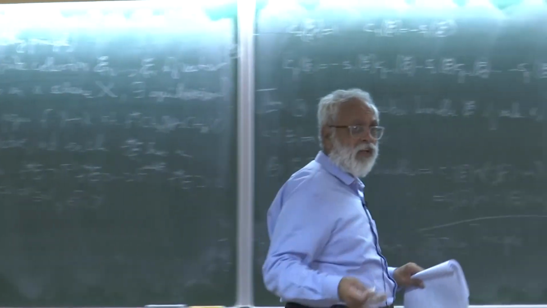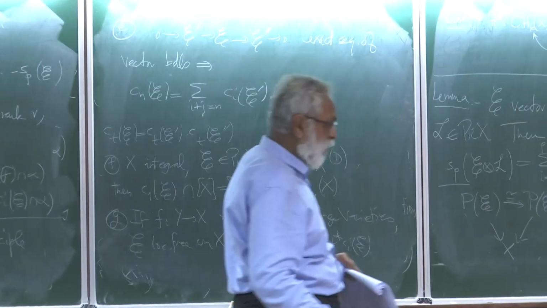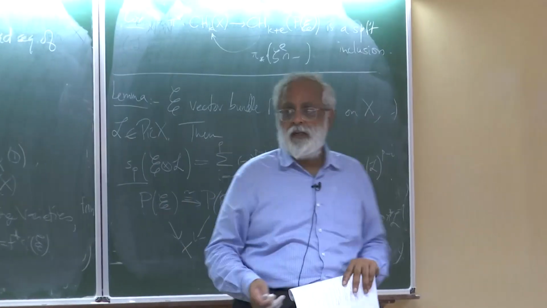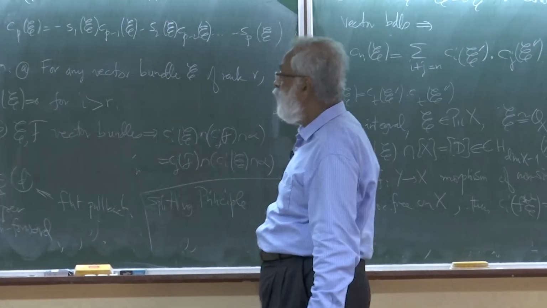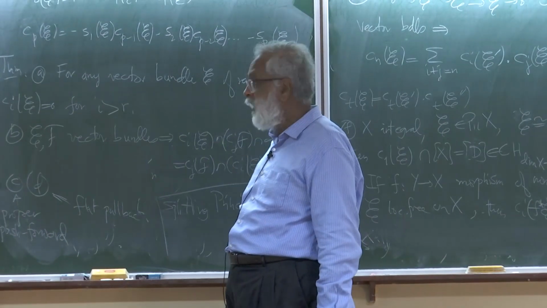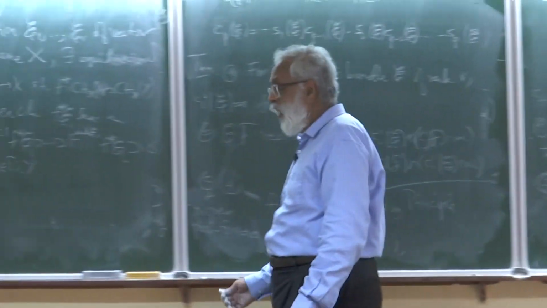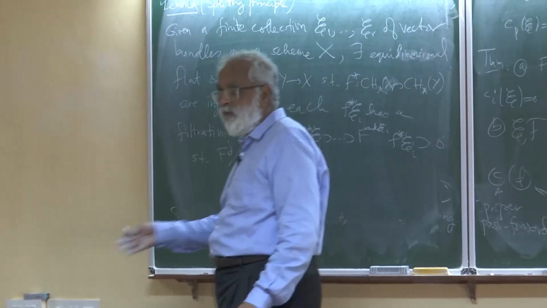So if I have finitely many vector bundles, I can find a map which is equidimensional, flat, proper even, and such that the induced pullback map is injective on Chow groups in every degree, and the vector bundles pulled back are each filtered by line bundles.